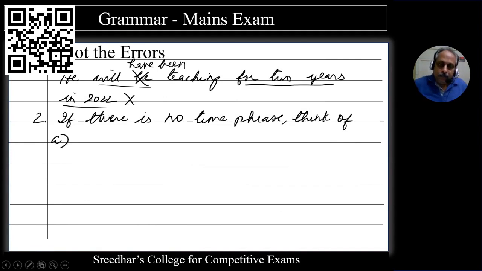Now, if there's a time phrase, you can decide where the error is, which tense it has to be in. Based on that, you can decide where the error is.